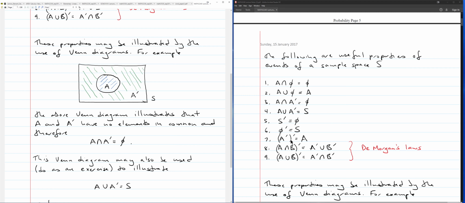Remember what you mean by taking the complement of this set: you want to find all elements in S that do not belong to A complement. And all elements that do not belong to A complement would actually just be the elements belonging to A. So that's a justification that the complement of A complement is actually equal to A.